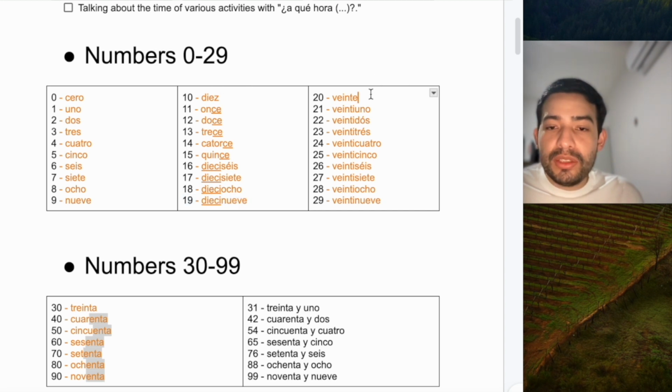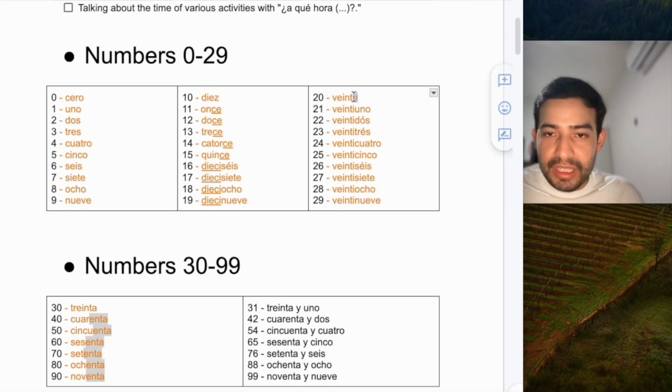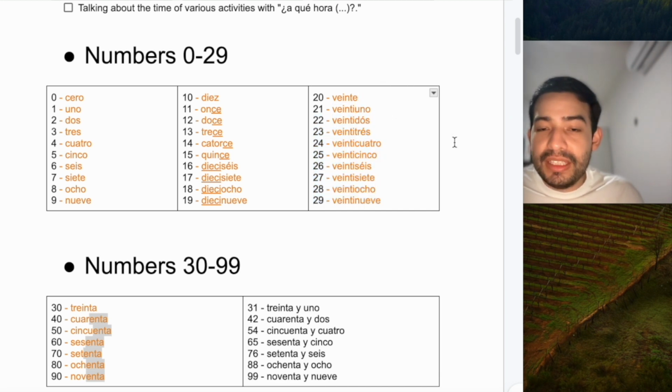Then from 20 to 29. 20 is the only one that's different, right? Because it ends in E. It's veinte. Okay? Then from 21 to 29, instead of veinte, we will change this last letter to an I. Veinti.